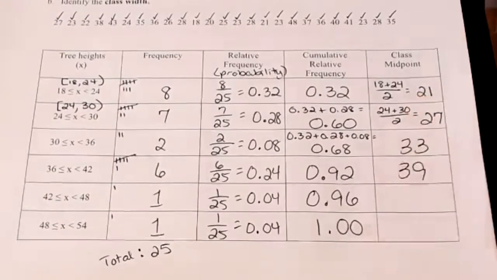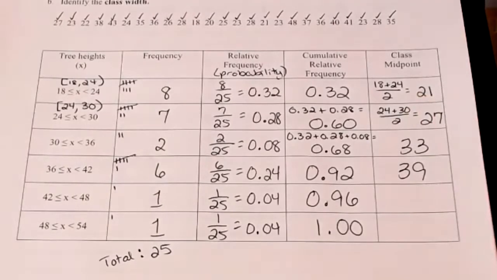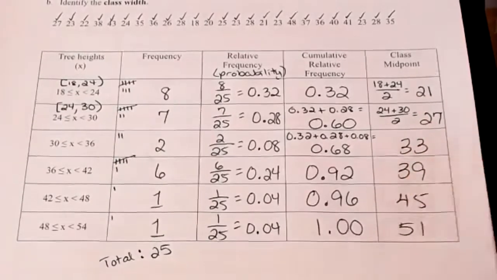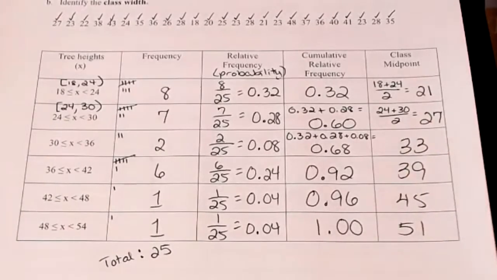Excellent. Keep going. 45 and 51. Perfect. And there you have it. Those are your class midpoints. Perfect. So for part A, we did exactly what we were expected to do. We had frequency, relative frequency, cumulative relative frequency, and then finally class midpoint.